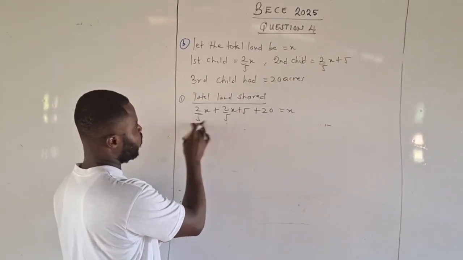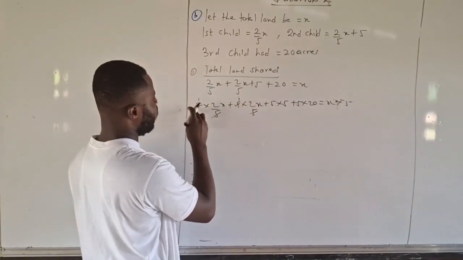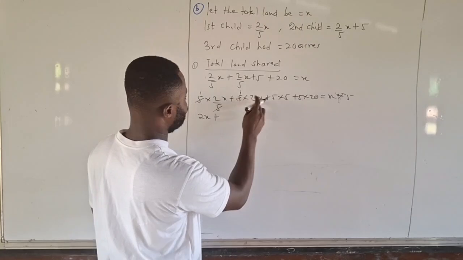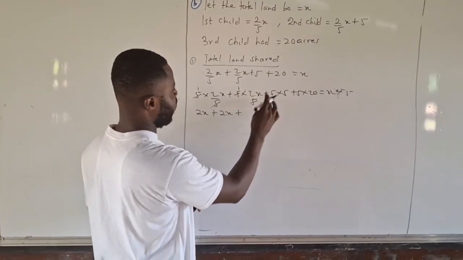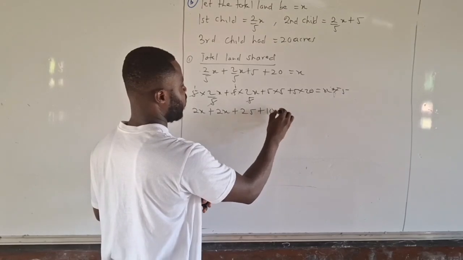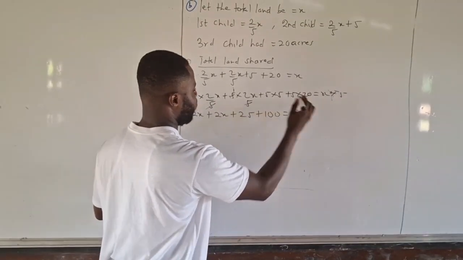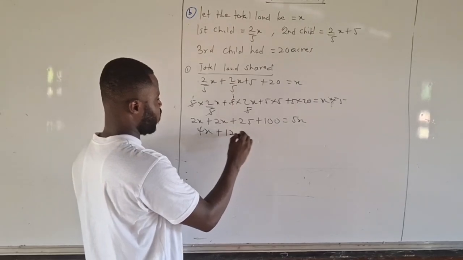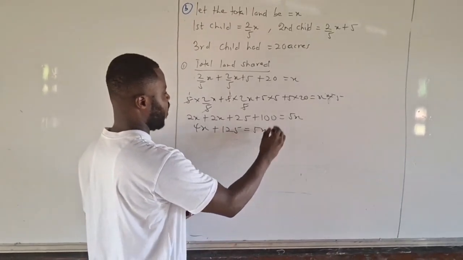The LCM is going to be 5. Here we have 2x plus 2x plus 5 times 5, which is 25, plus 5 times 20, which is 100, equals 5x. So here will be 4x plus 125 is equal to 5x.